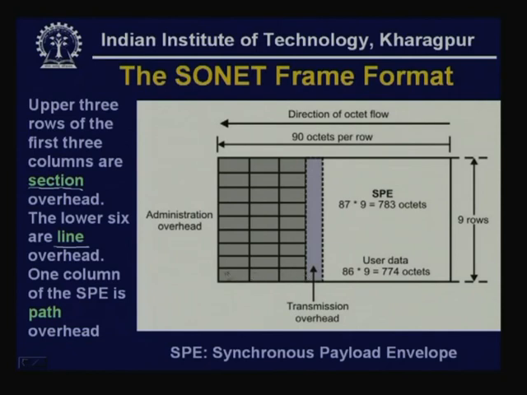That means you have to exclude 4 columns which are essentially overhead, and if you exclude them from 90 octets, you get 87 octets, which is known as synchronous payload envelope (SPE), out of which 1 is used for path overhead, giving you user data of 774 octets. So, you have got 9 such rows of 90 octets per row.